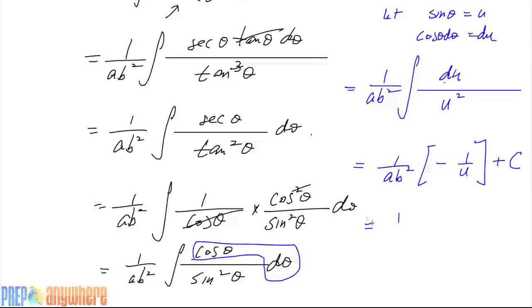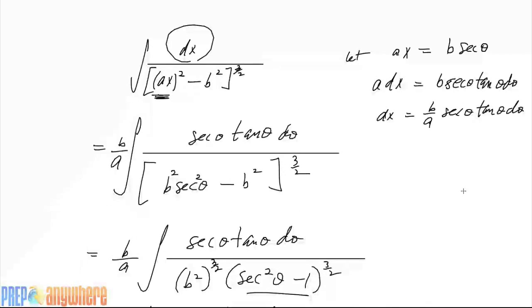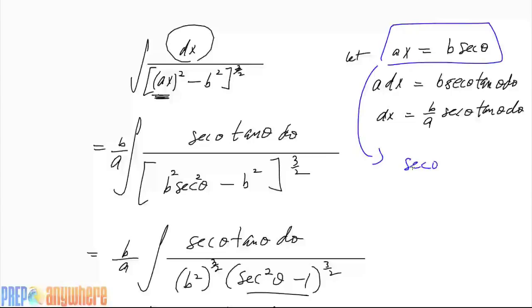Of course, you have to change this back into x. First of all, the u I'm going to replace with sine of theta. Going back all the way to the beginning, this means secant of theta is equal to ax over b, which is the reciprocal of cosine.